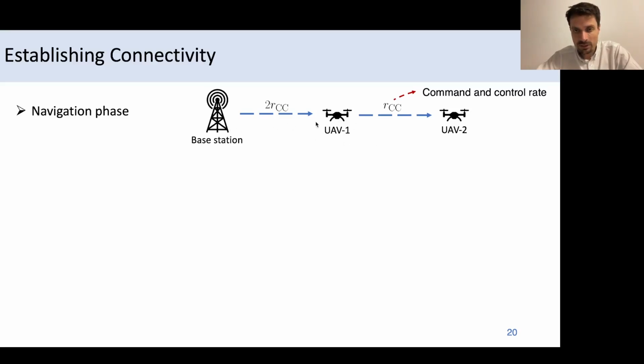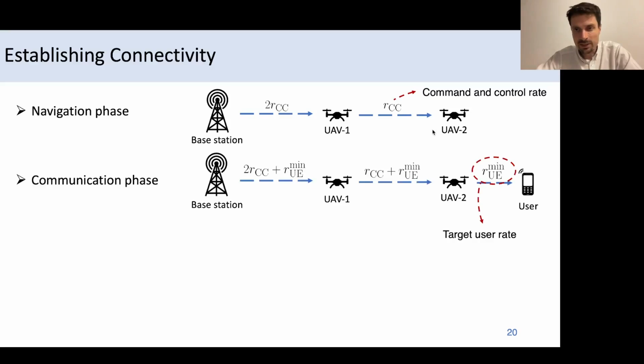So during this phase, the UAVs need to receive a minimum rate from the terrestrial infrastructure. This is for command and control. So this link needs to have at least this capacity, RCC, and this link needs to have at least 2 RCC, because this is 1 RCC for this UAV and 1 RCC for this other UAV.